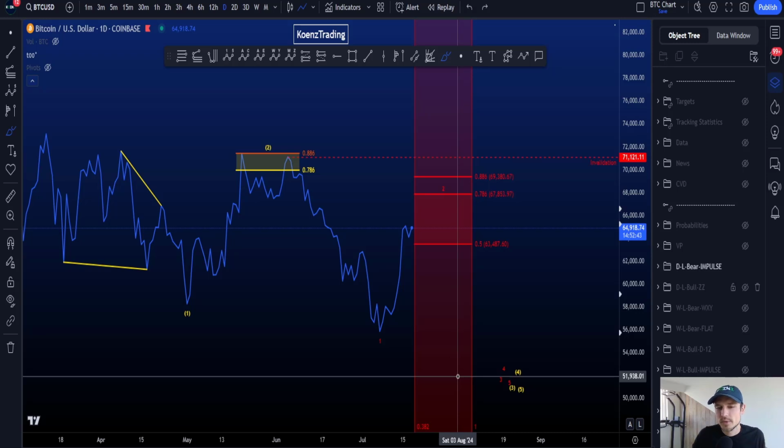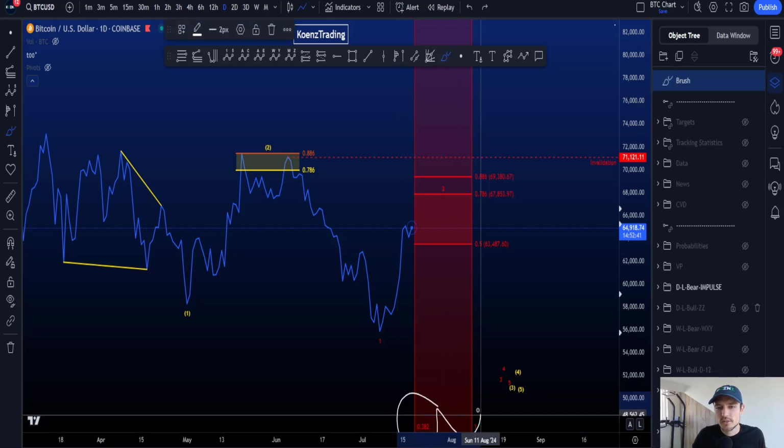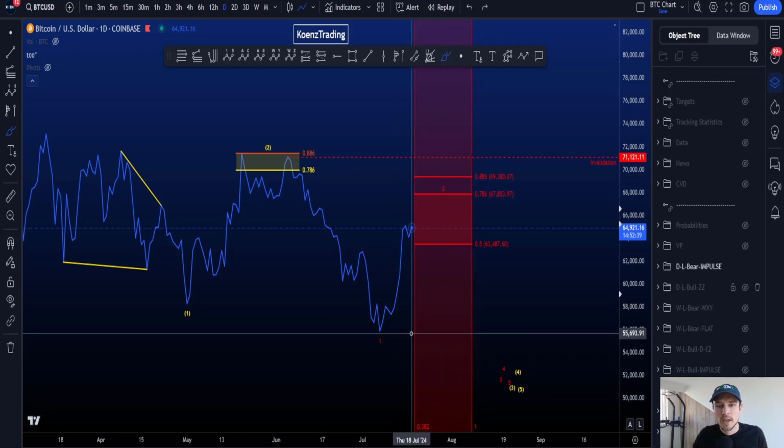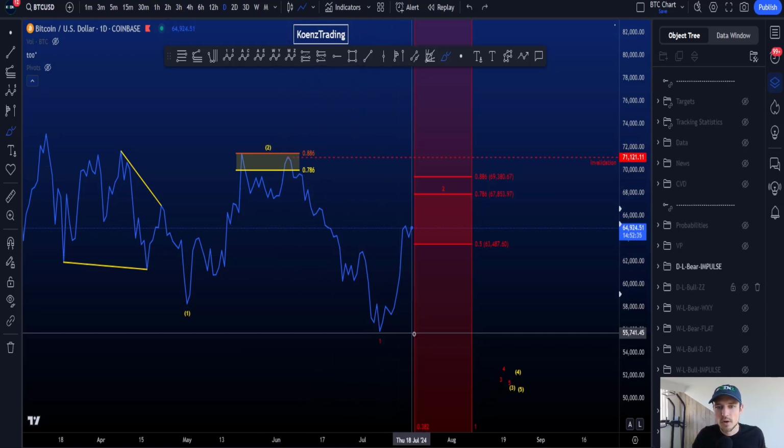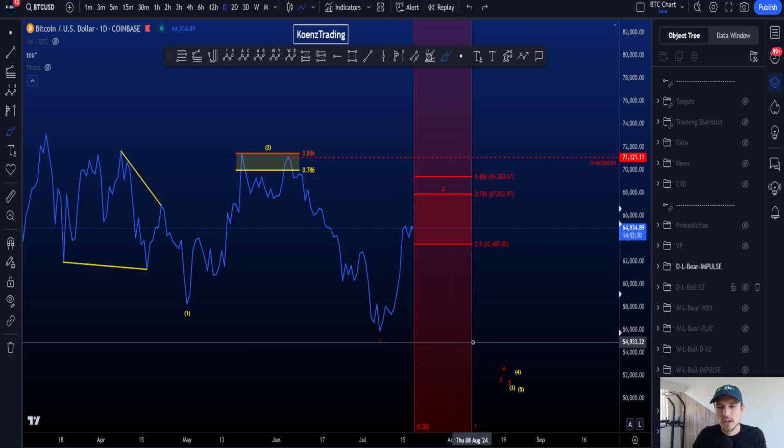Now, preferably this wave 2 ends between the 0.382 to the 1-to-1 fib time, which is taken from the start to the end of your wave 1 here, giving you a time target between the 19th of July and the 8th of August.